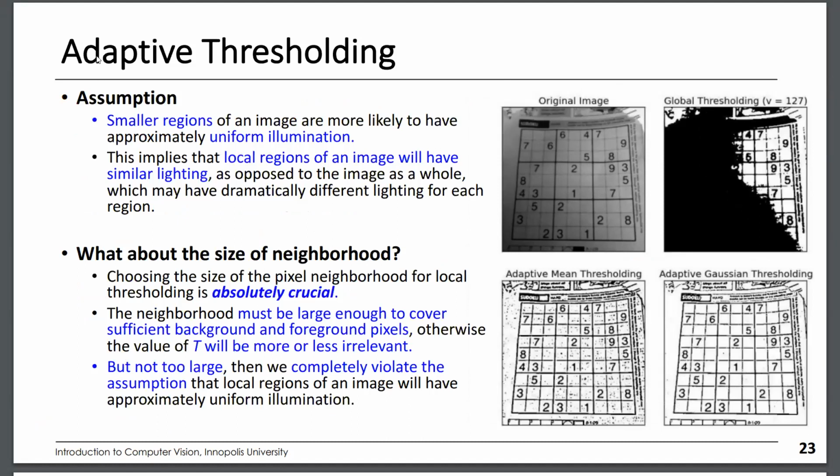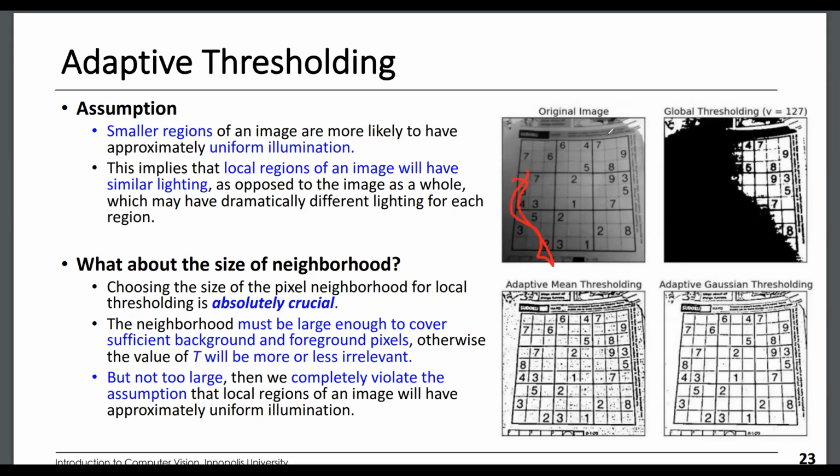Nice. So adaptive thresholding makes a very small assumption, which is that smaller regions have more uniform illumination, and we can get better calculations of the threshold for them. So, just so you can see the differences, this is the original image. You can see that the lighting in this place is not the same as the lighting in this place.